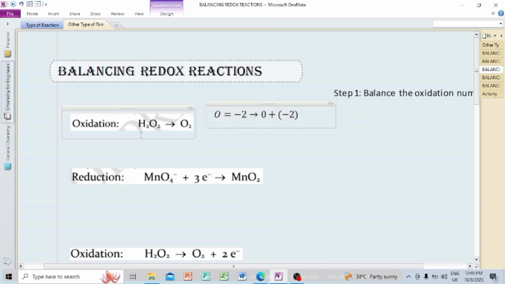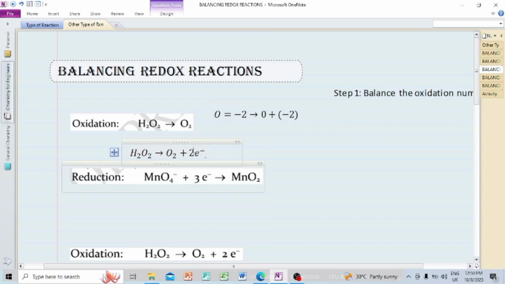Ang mangyayari, magiging H2O2 will yield O2 plus, nag-add tayo ng negative 2, so 2e negative, 2 electron. Nag-add tayo ng electron ng negative 2, kasi 2 times negative, di ba, negative 2.